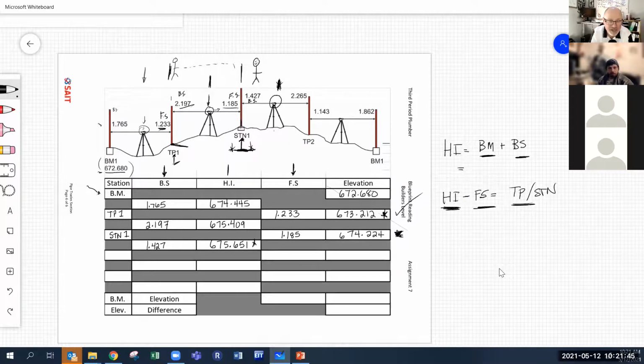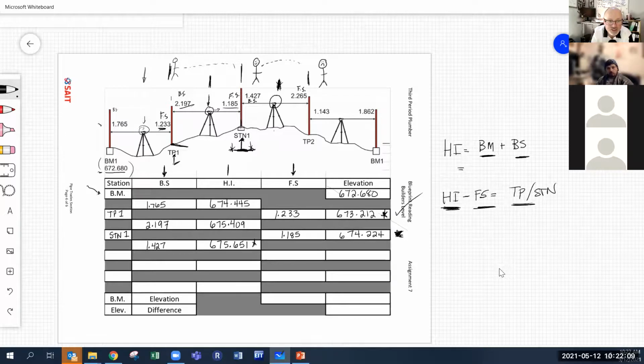Once we have the height of the instrument determined, we will then take a foresight. So this person has to walk over here, and he's not happy anymore because he has to keep moving. We take a foresight right there.